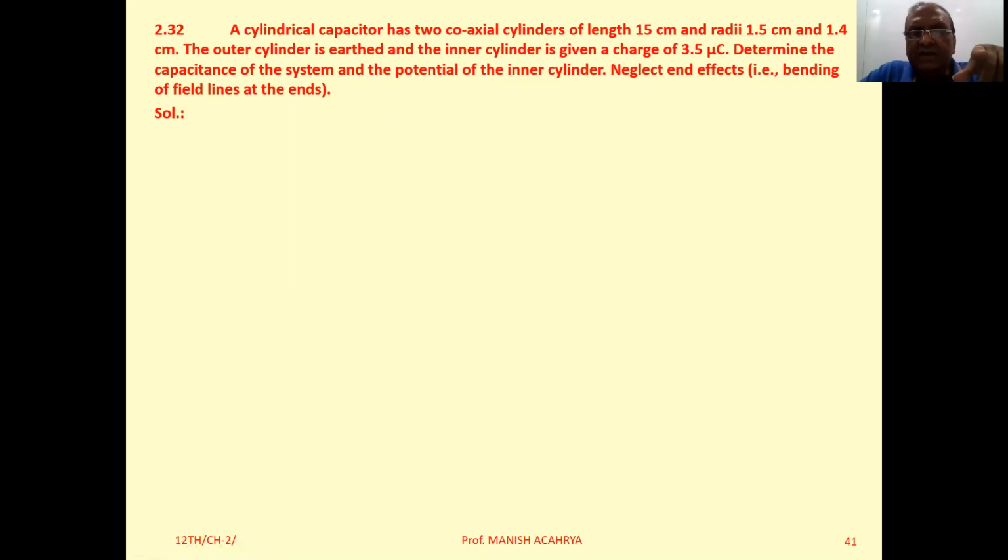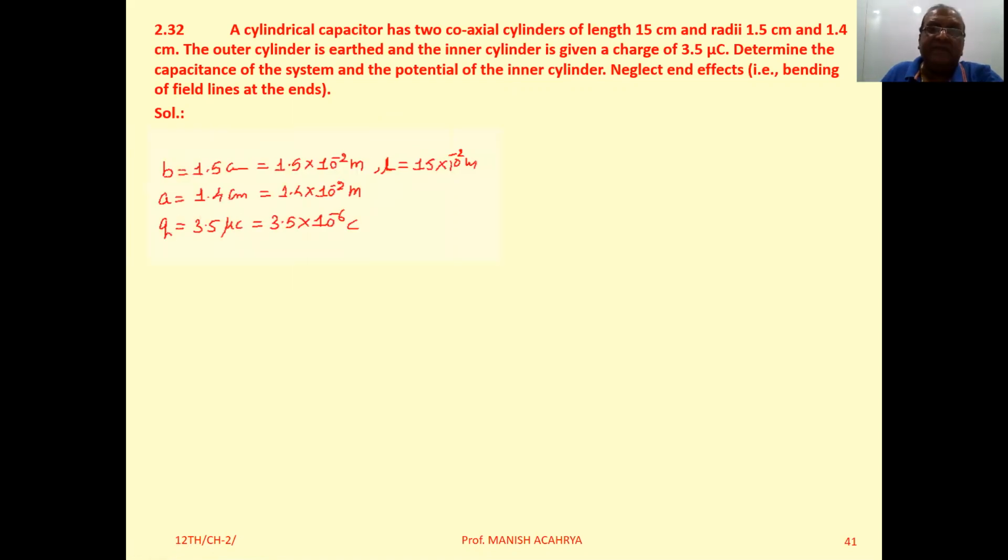So see here, the cylindrical capacitor is given to you, and for the cylindrical capacitor, we already derived the equation for the capacitance that we can directly use here. B, the outer radius, is 1.5 centimeter, that is 1.5 into 10 raised to minus 2 meter.